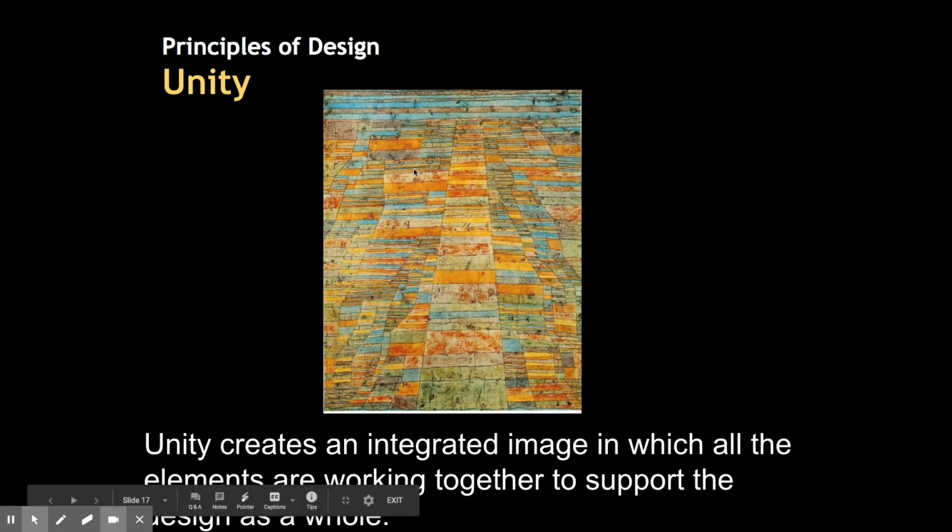So when we see unity, you'll see a lot of things being repeated or being similar. So for here, this painting has a lot of repeating of the same shapes, right? So these sort of rectangular forms. We have repeating of a texture, so that entire texture is sort of that rough texture, and we're repeating colors.